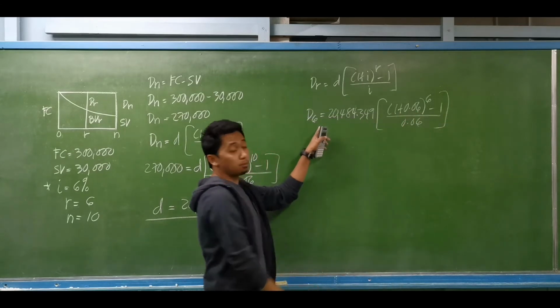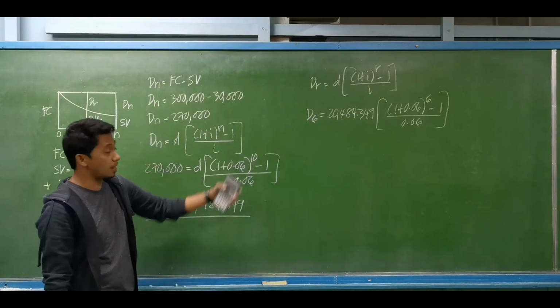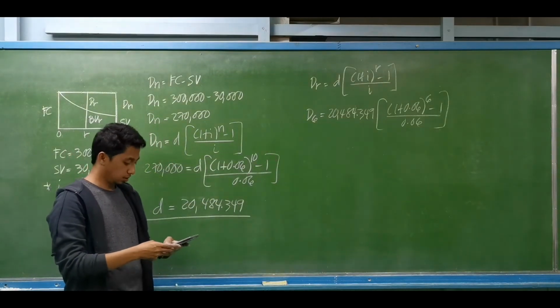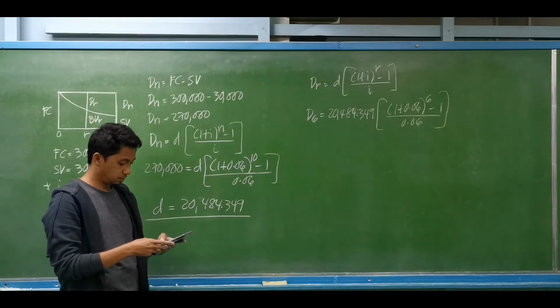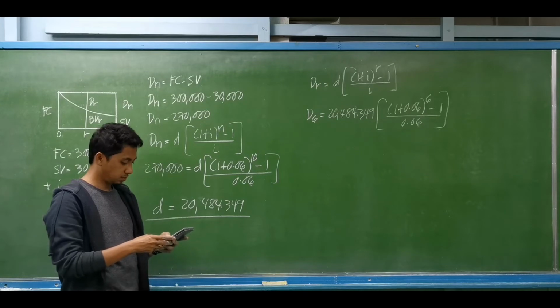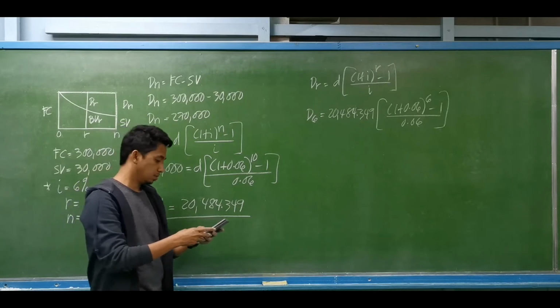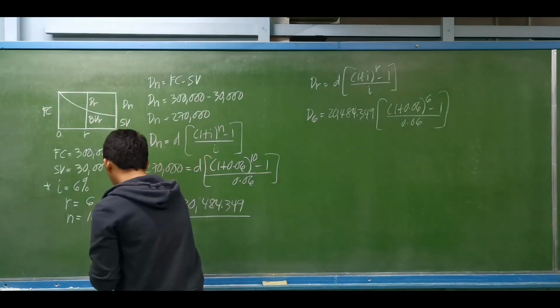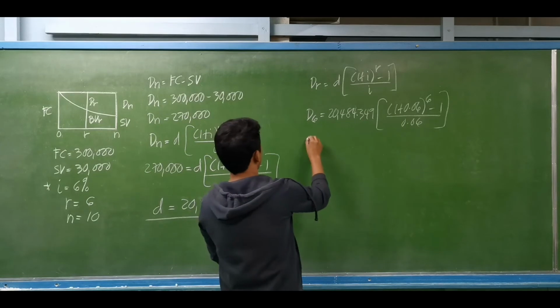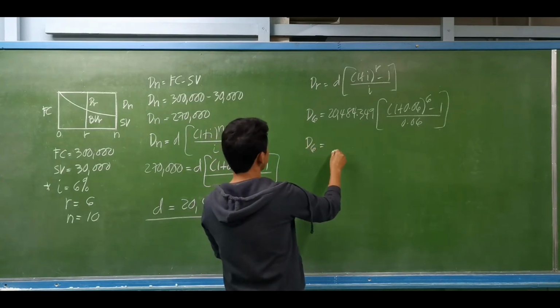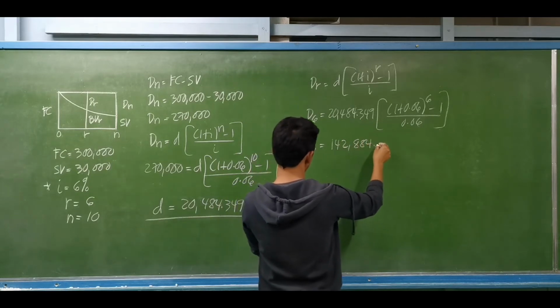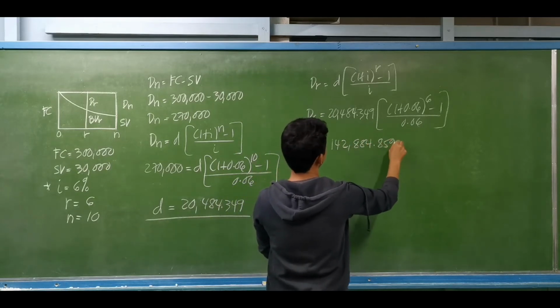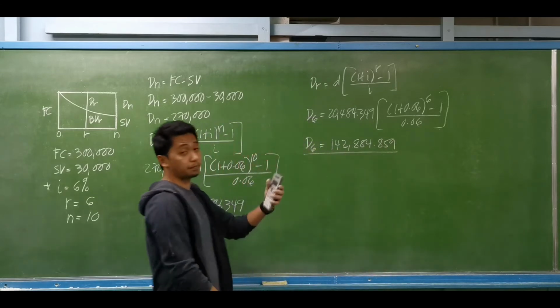This is the accumulated depreciation of the truck after 6 years. We have d sub 6 equal to 142,884.85.